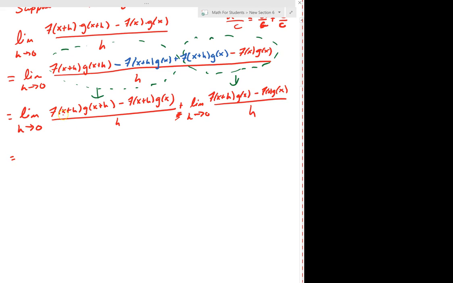So notice that inside this first limit, both terms in the numerator have a factor of f of x plus h. So I can go ahead and factor that out of the numerator. Plus, and then notice in this fraction, I've got two factors of g of x.